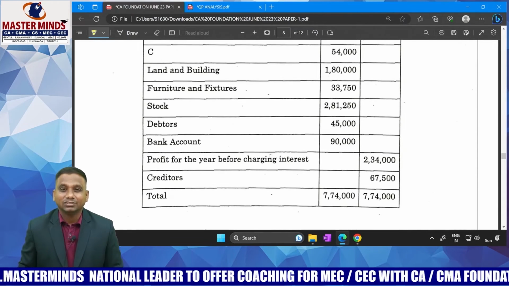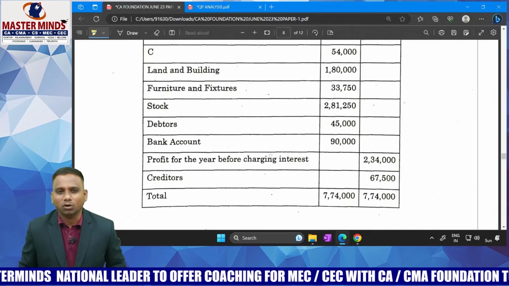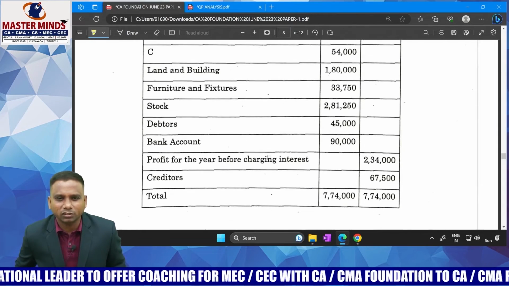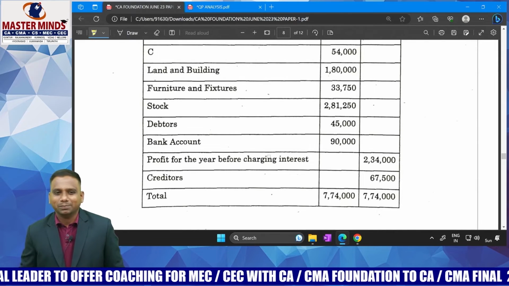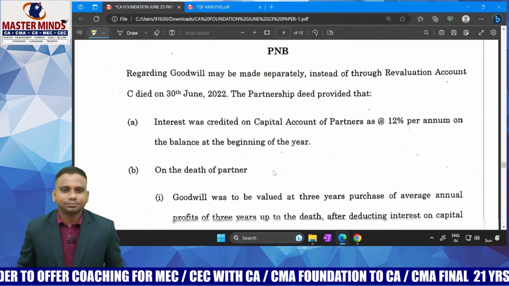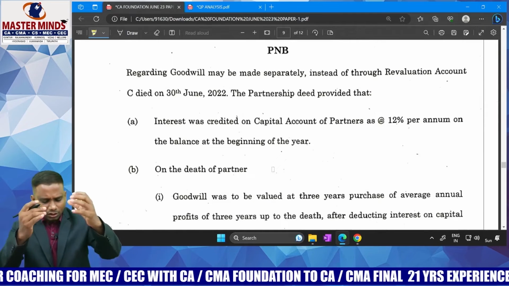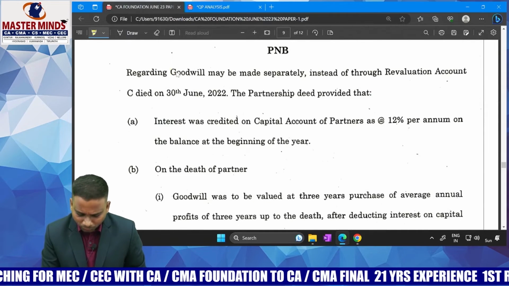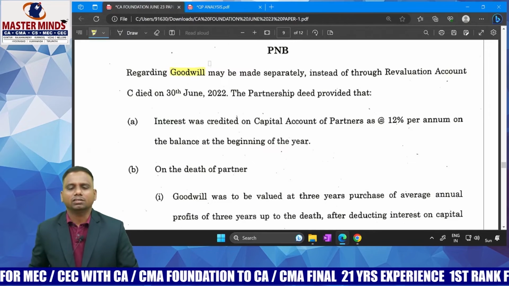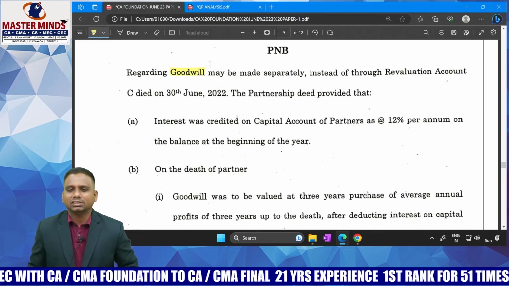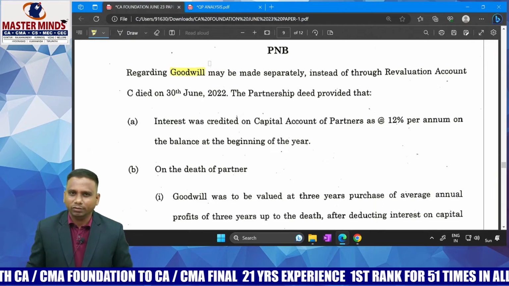Right, these are the account balances. Fine. Check whether you have a joint life policy or not. I hope in this information there is no joint life policy. Okay, next. See, regarding goodwill, yes, I have observed this problem. In this problem, we have the main adjustment for goodwill because there is no joint life policy. The next biggest adjustment is goodwill.